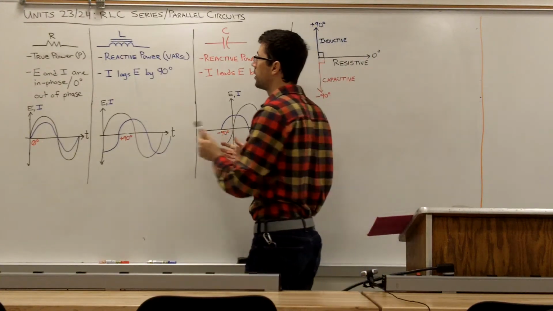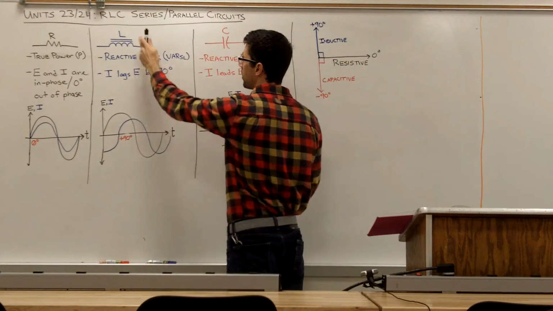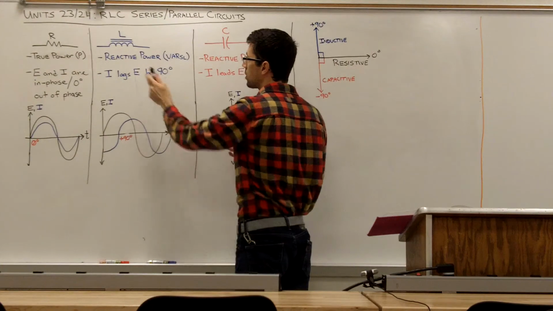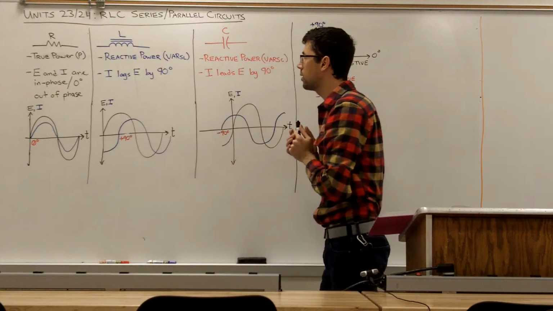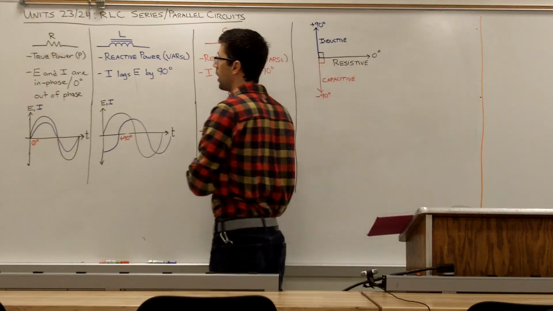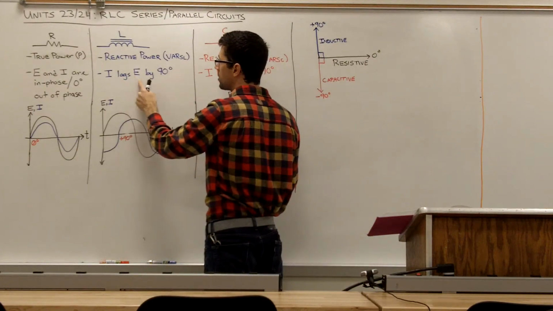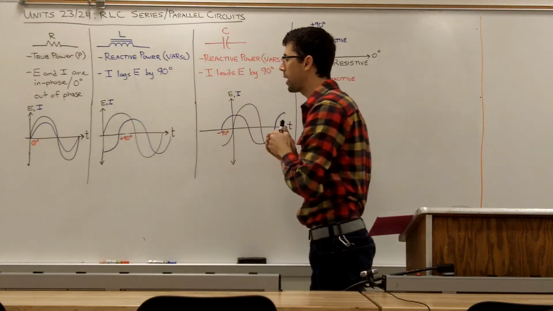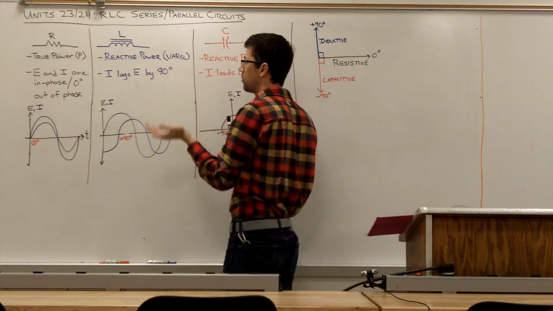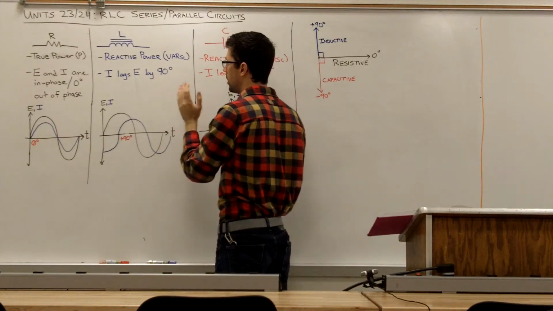Next, we have an inductor, symbolized by the letter L. An inductor consumes reactive power, bars L. And for a purely inductive circuit, the current lags the voltage by 90 degrees. By lags, we mean it happens after the voltage by 90 degrees of time.